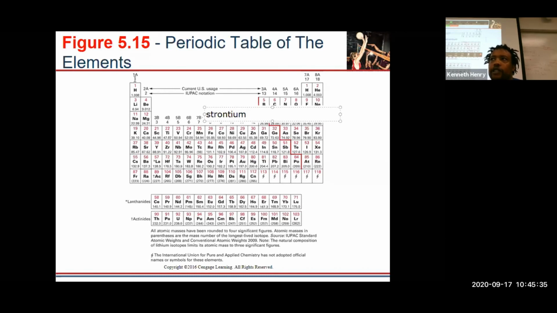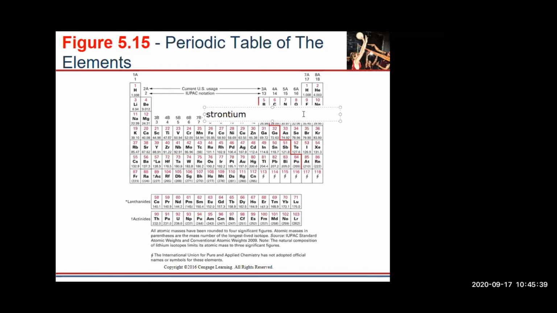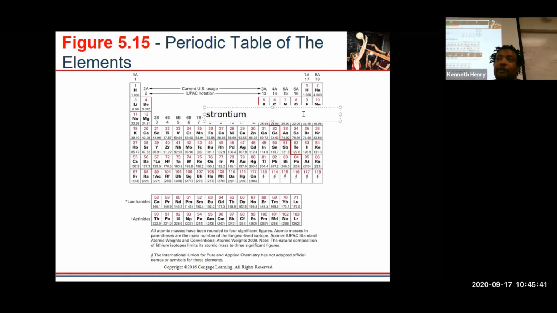And so we would just focus on the main group, and that was it. So chemistry back in the day, we used to use the main group all the time. We would avoid transitional metals. And so it wasn't until more recently that we started incorporating them into learning chemistry. Okay?